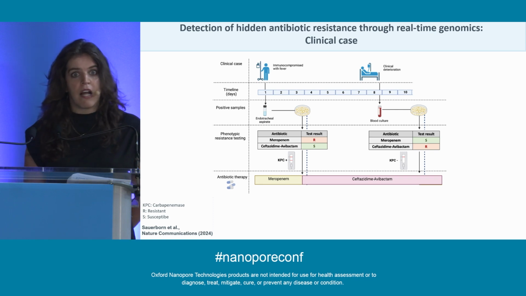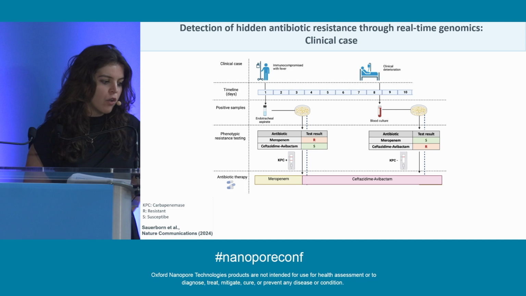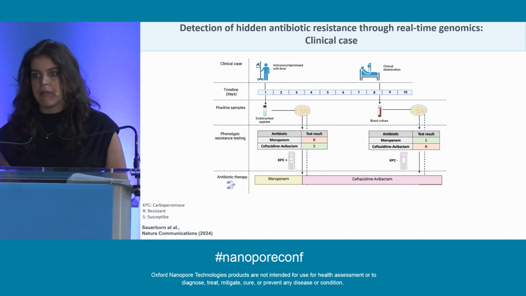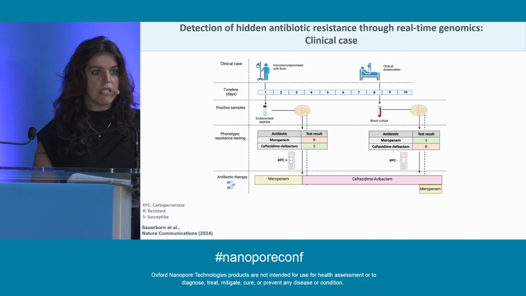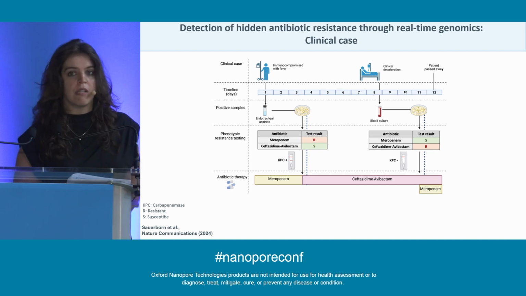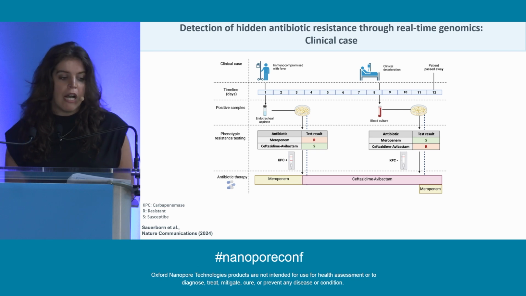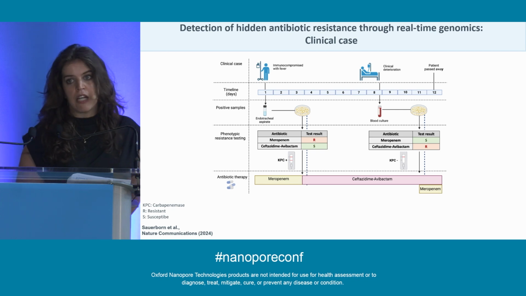And I can't emphasize enough how rare this kind of resistance profile is. By the time we had this information, the clinicians added meropenem to the antimicrobial therapy regimen. However, the patient unfortunately passed away shortly after, highlighting how crucial timely and targeted infection diagnostics can be.